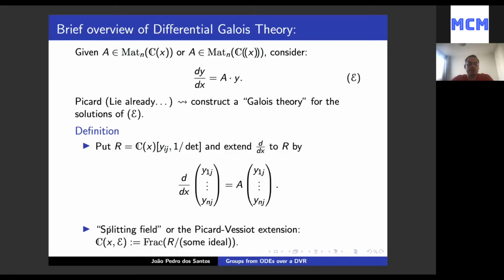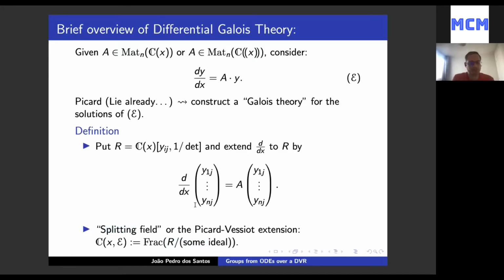You define the splitting field, which in this context is called the Picard-Vessiot extension. What you do is take the ring, kill some maximal d/dx-invariant ideal, take the quotient and take the fraction field, okay? And this happens to be a field. So this quotient is a domain, and this is your splitting field.